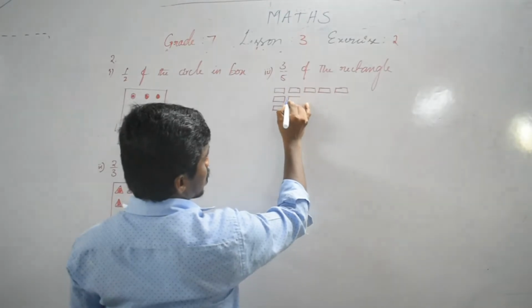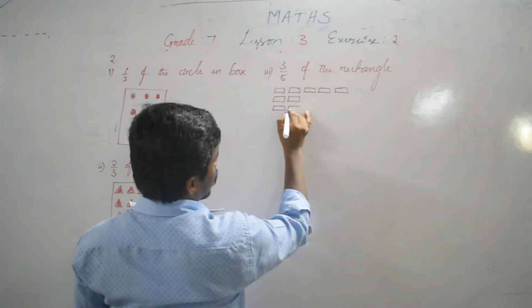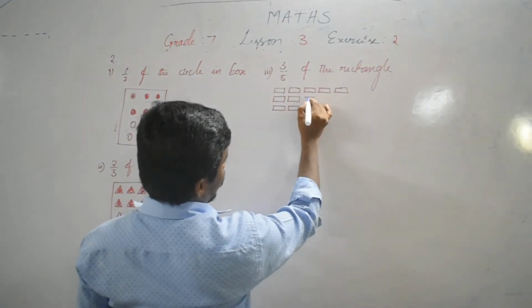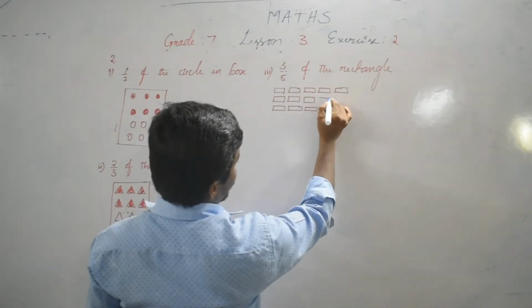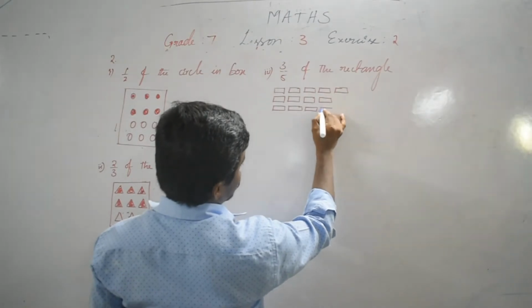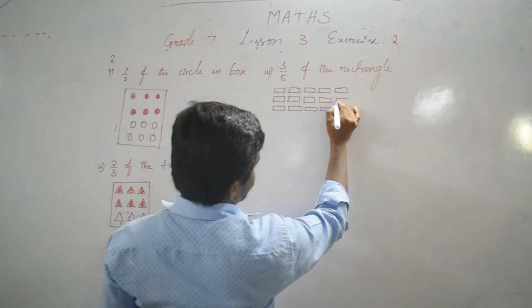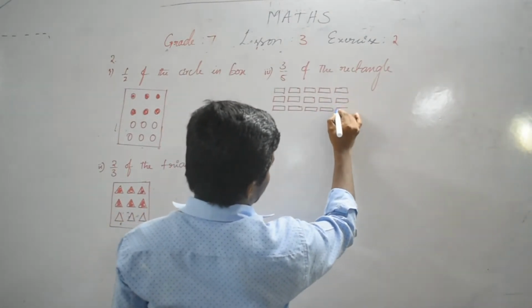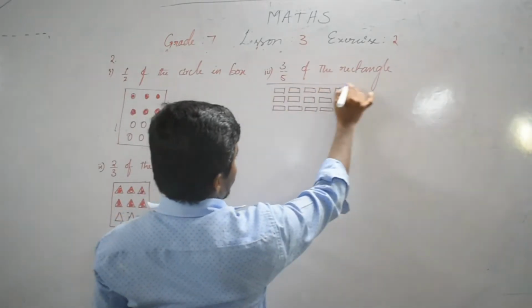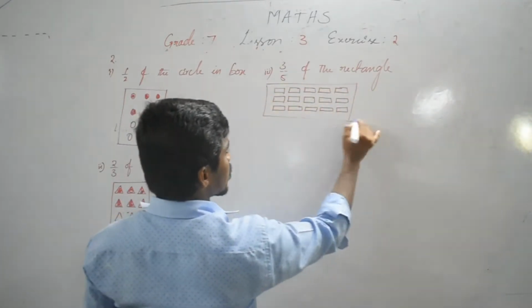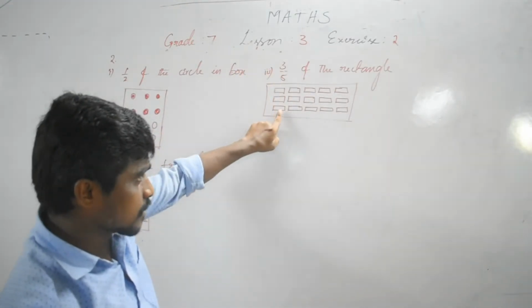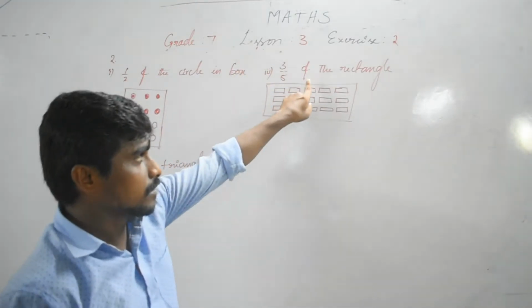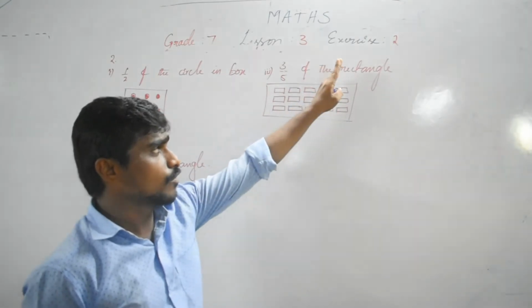So how many do we shade? Here the denominator is 5, this is 1, 2, 3, 4, 5.